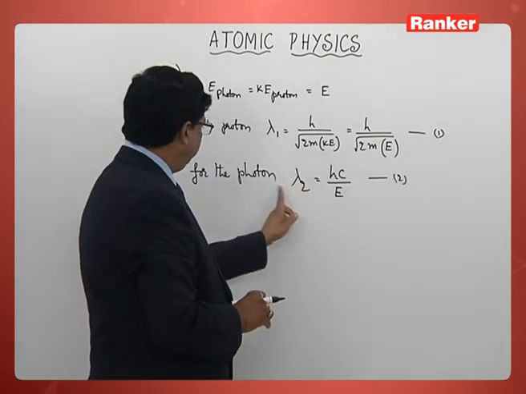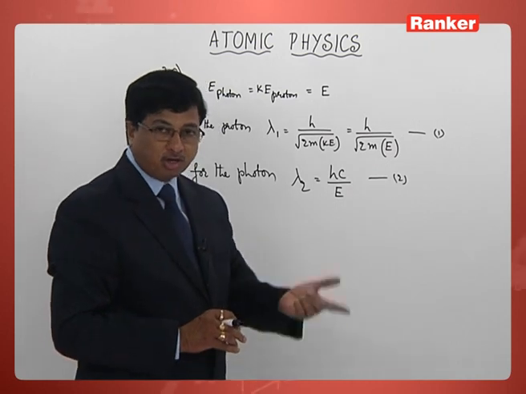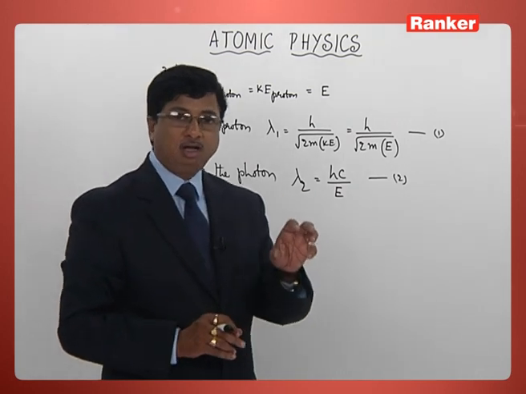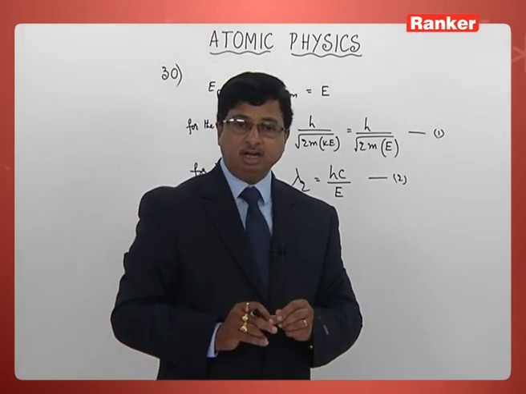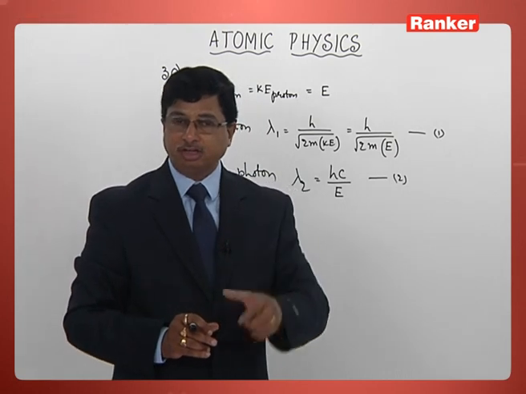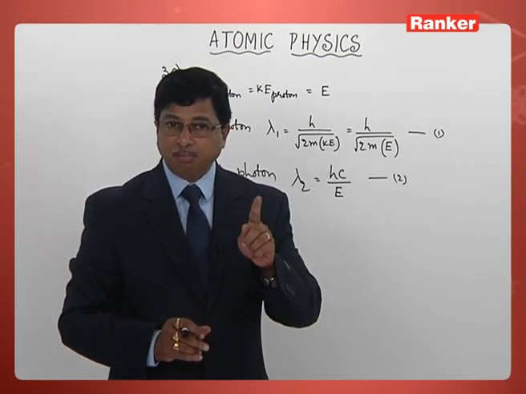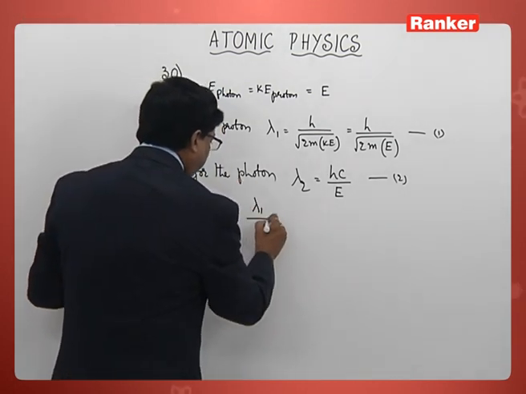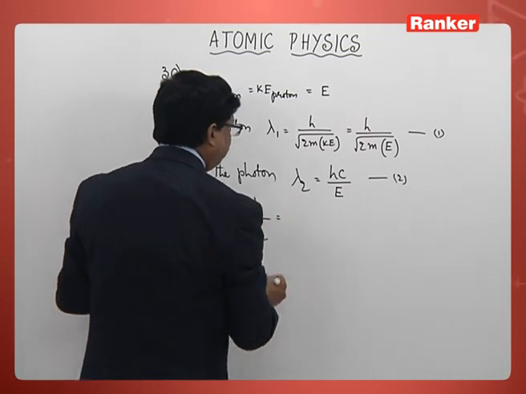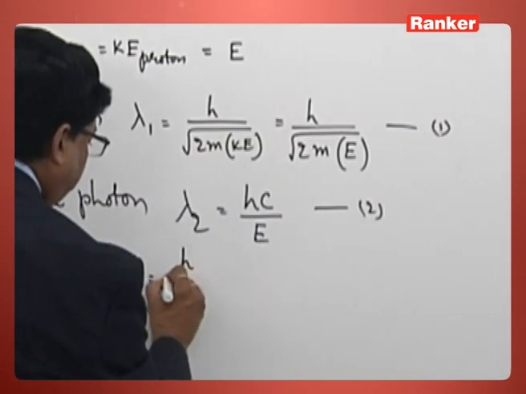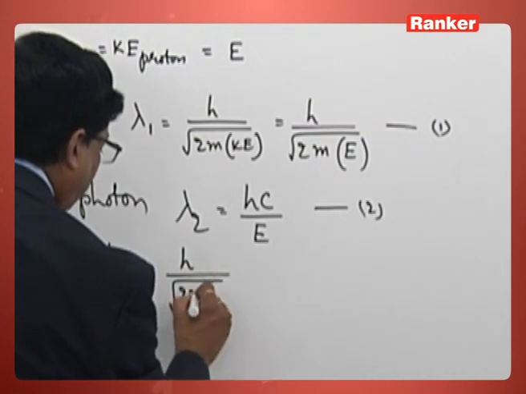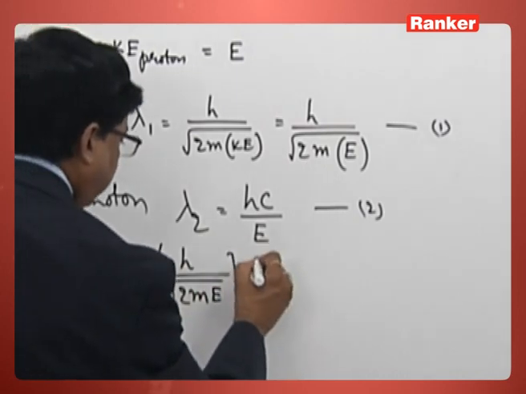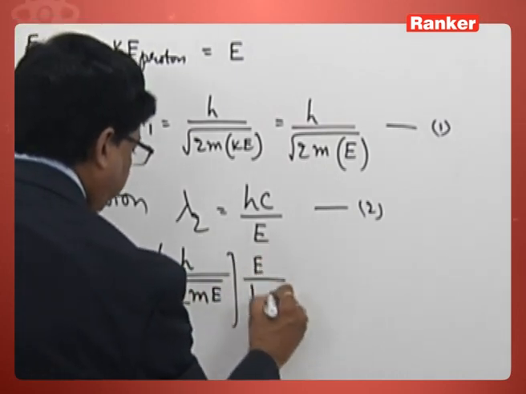So this is the wavelength corresponding to that photon, and this is the wavelength corresponding to that particle natured proton. Now what is the ratio he is asking? Look at first, lambda 1 by lambda 2 we want. So write the same ratio, lambda 1 by lambda 2. This now can be written as h by under root 2mE into, reciprocating this one, E by hc.